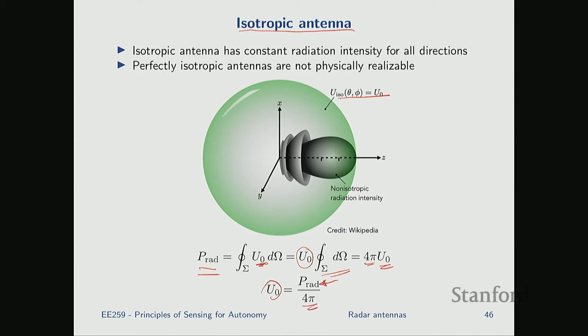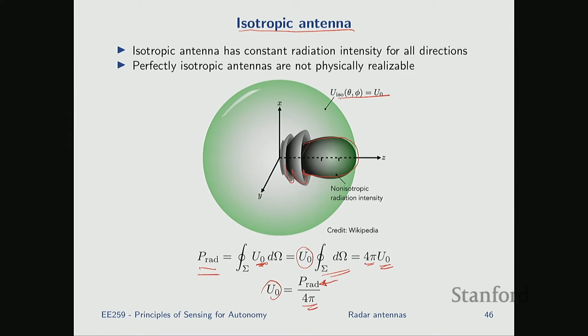Now note that the isotropic antenna is a mathematically ideal case that is never physically possible. There's no antenna that anyone can build that would radiate perfectly isotropically. Any antenna that you can physically build would have some preferred direction in space for its radiation. So here's one example of a non-isotropic antenna, which has a main lobe of radiation and a bunch of side lobes.